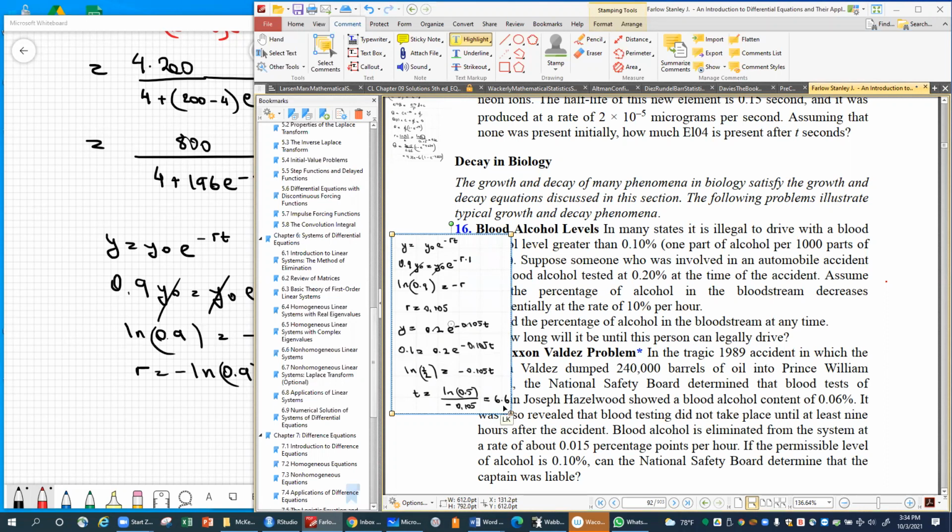It takes a little over 6.5 hours to get to a safe level. So if you drink a lot, don't drive for the next 6-7 hours. It doesn't dissipate that fast, at least with a 10% per hour kind of rate.